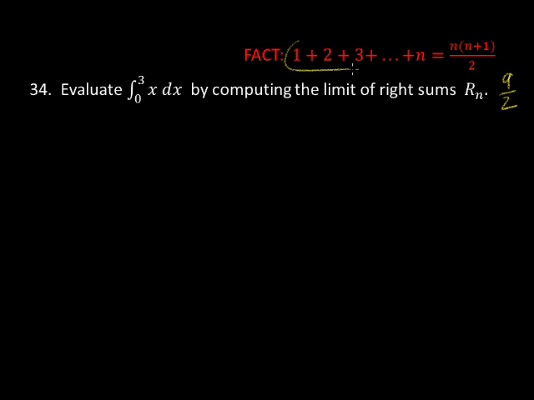Now, what you notice here, if you write a sum this way, or another way, sigma k from k equals 1 to n, that is in open form. It doesn't have a closed form to it. Every single sum gets longer and longer and longer, so it's not something we can take the limit of.